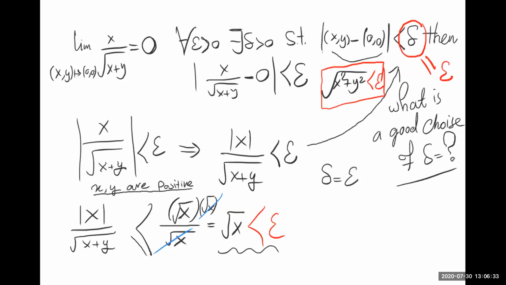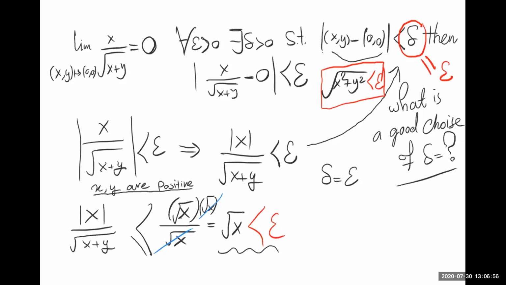So I would know the square root of x squared plus y squared is less than epsilon. Okay? Oh, let me think for a second. Okay, so actually not that.